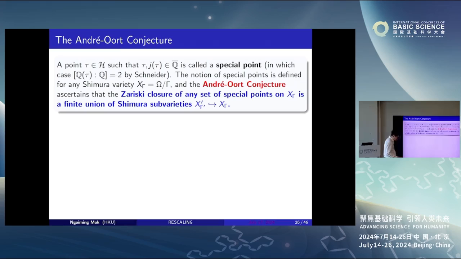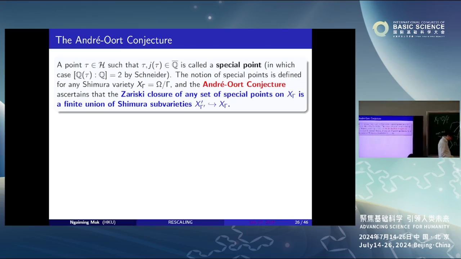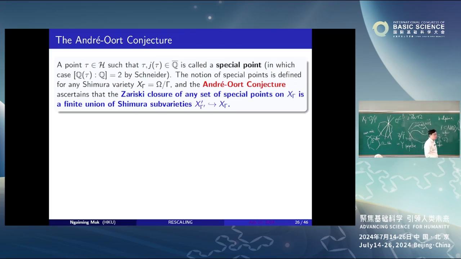Now comes some problem that the number theorists were considering. This is the André–Oort conjecture. They were looking at special points. And what is a special point? A special point is a point which is algebraic on the upper half plane, and whose image under the J function is also algebraic.